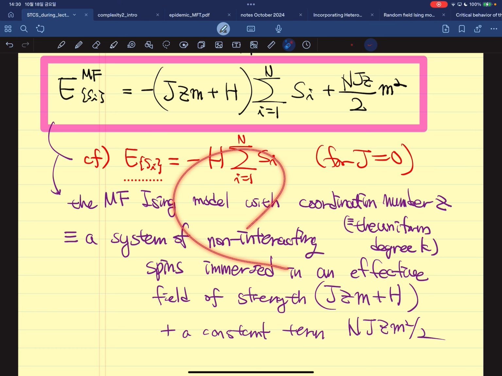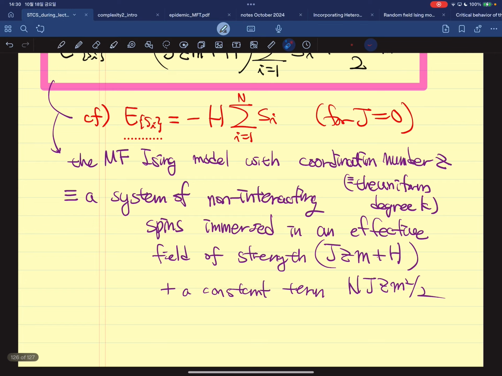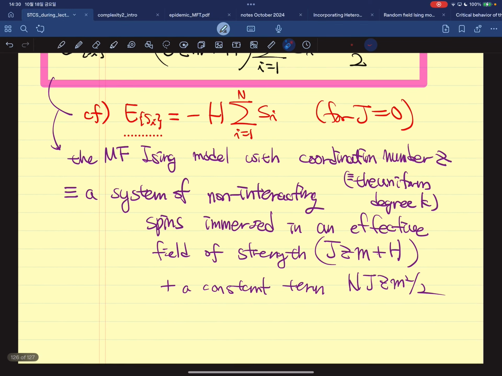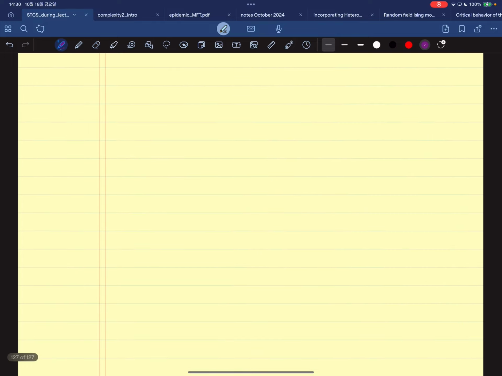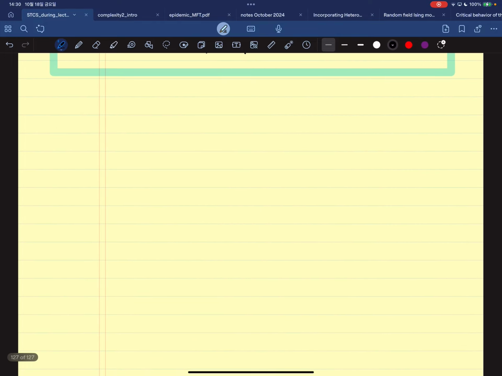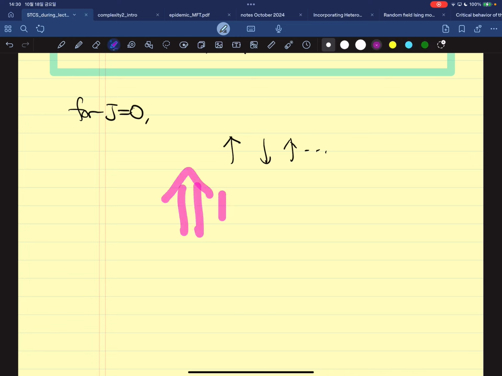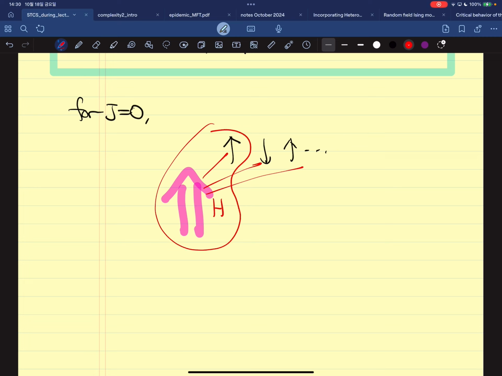Well, this is mathematically speaking. If I have a real physical comparison, for non-interacting spins, each individual spin here would be affected by this large H, and it affects everywhere. So this was really a collection of these pairwise interactions.